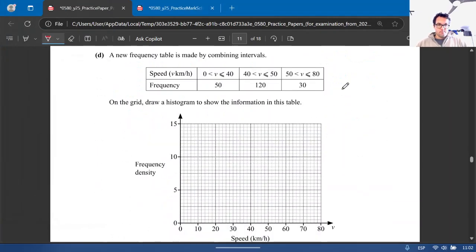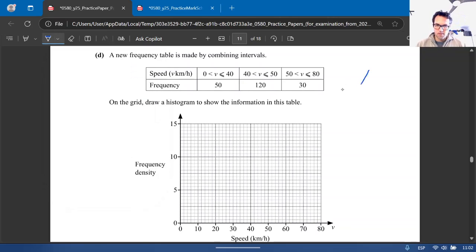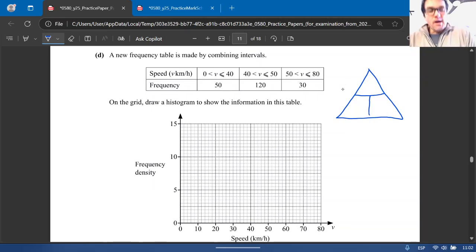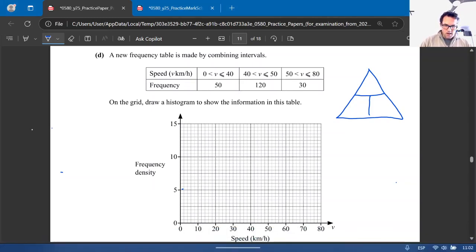Histogram. Okay, remember again, histogram has got a little formula. The way I remember this is that the area of the bar in a histogram equals the frequency.